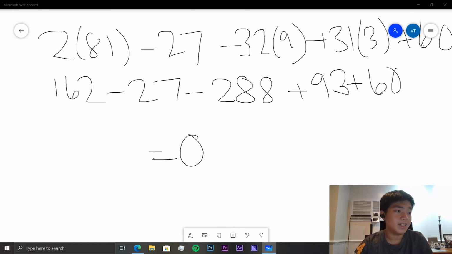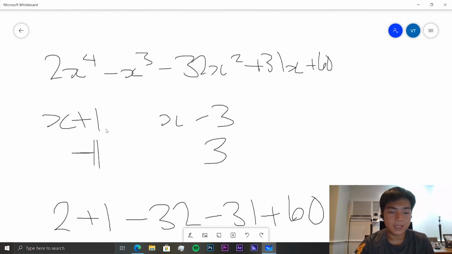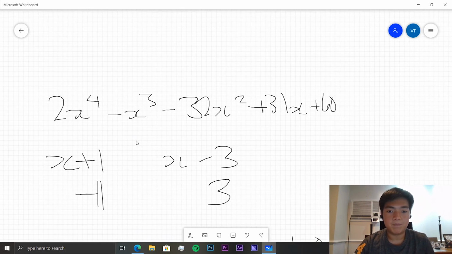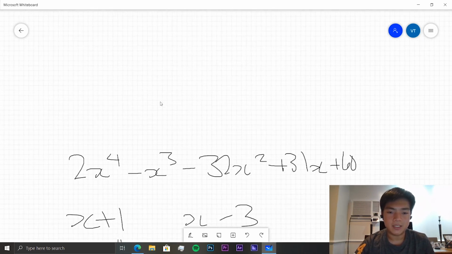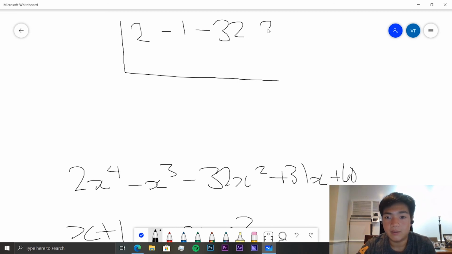So now, given that, let's find the remaining factors of this polynomial, knowing that these two are factors. And I guess we can just do synthetic division to whittle it down. So first, we have 2, -1, -32, 31, and 60. We need to divide it by x plus 1, so minus 1.